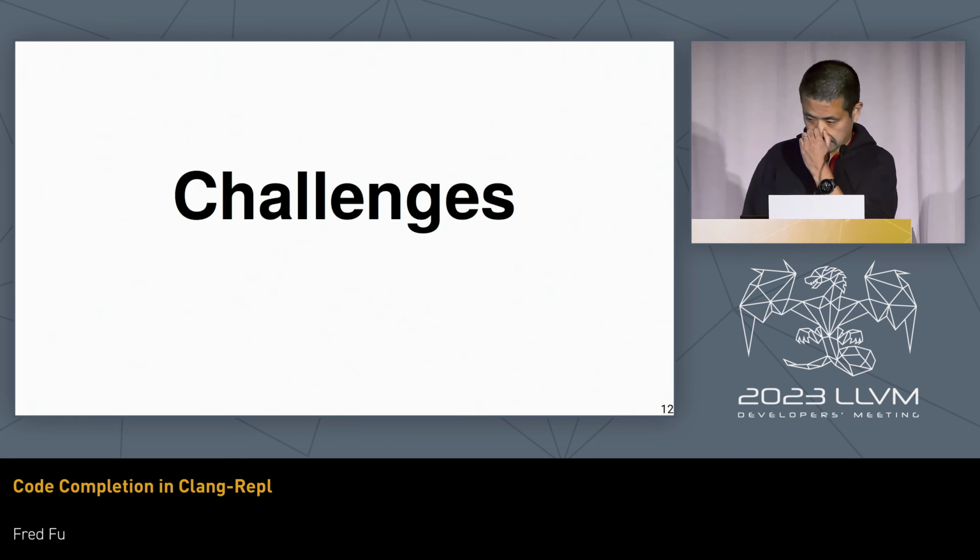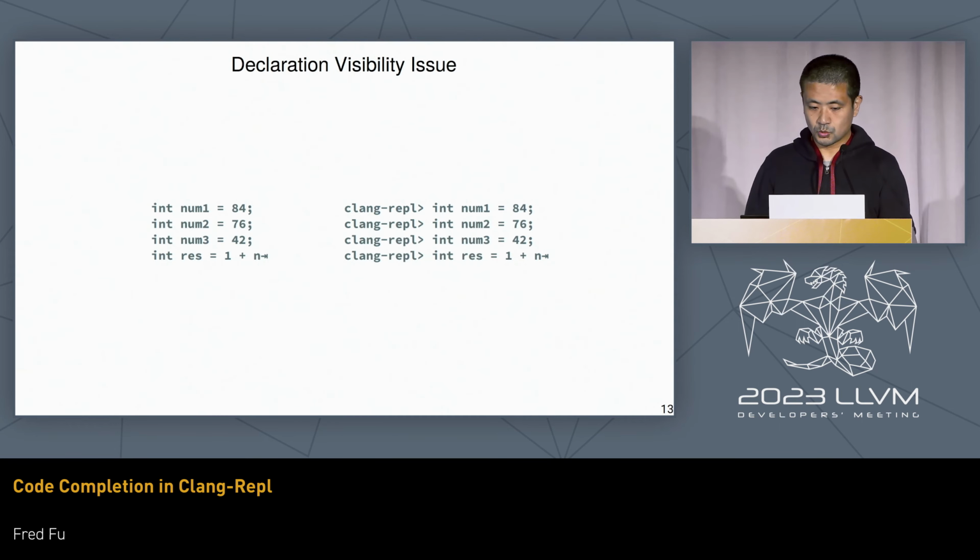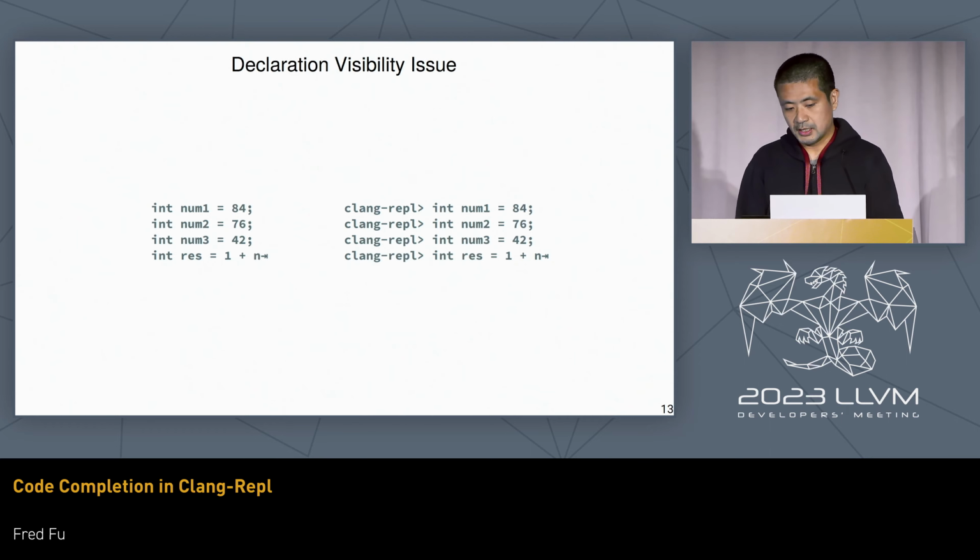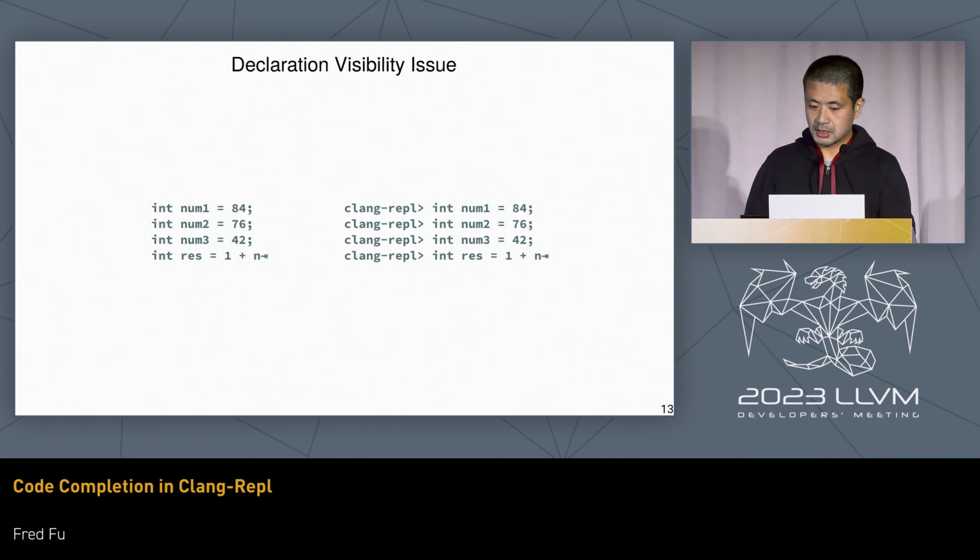Now let's talk a little bit about the challenges we have faced. One challenge is that the code completion system couldn't see the declarations defined before the current line. To illustrate the problem, we compare code completion in a regular file with that in REPL using the same content.